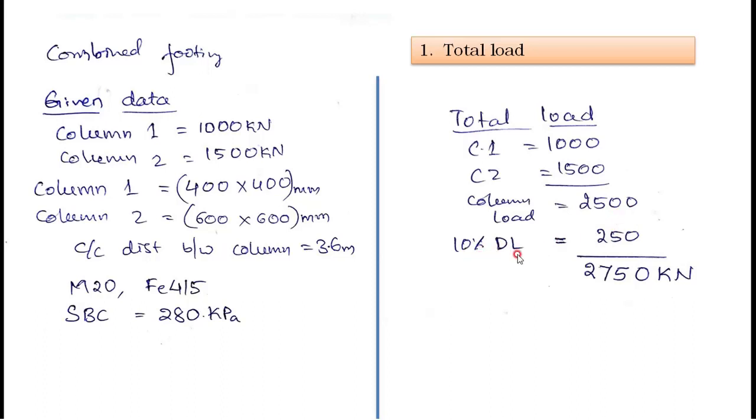The dead load of the footing we don't know, because the depth and proper dimensions of the footing are not yet decided. We will assume 10% of the column load as the dead load of the footing, therefore 250 we added, then we get 2750 kilonewton as the total load acting on the soil by the footing.